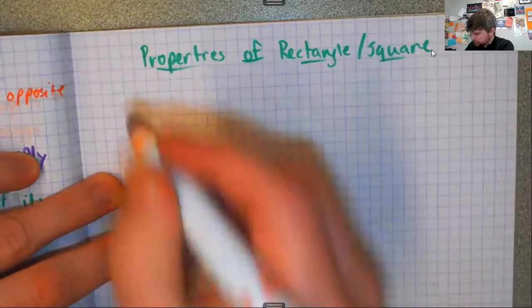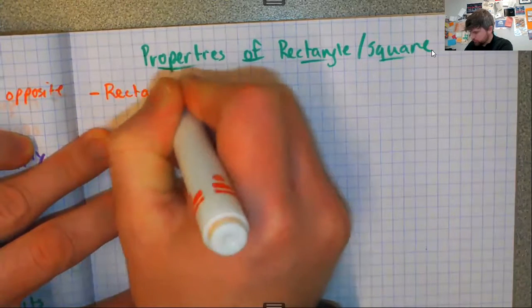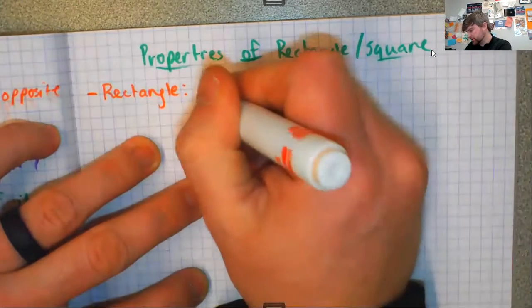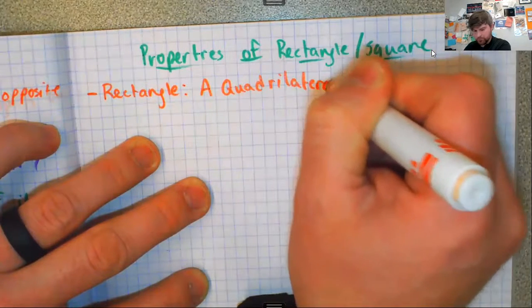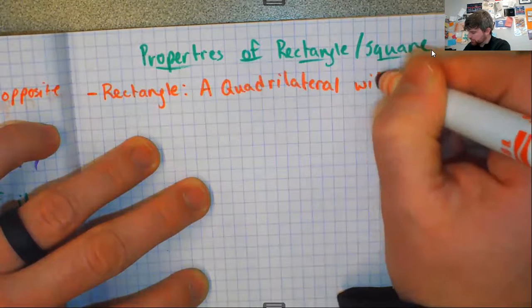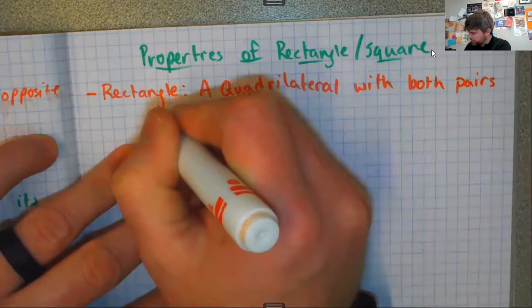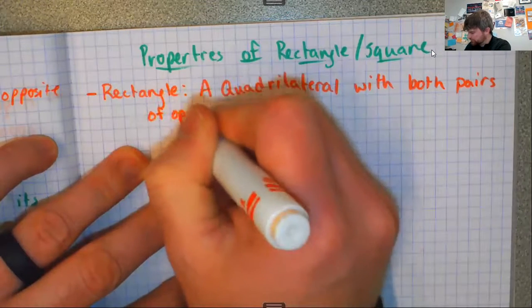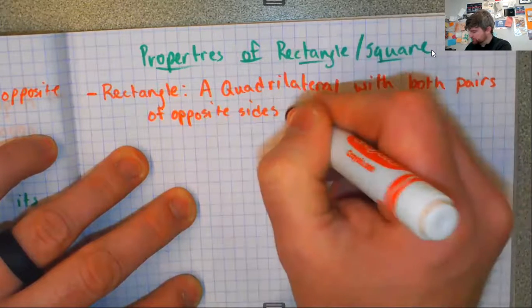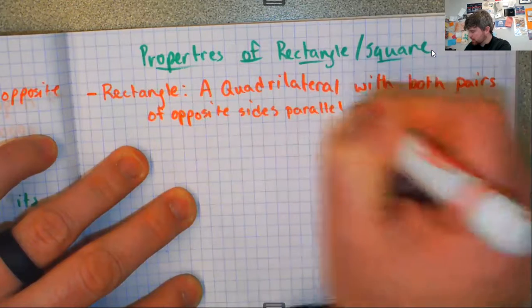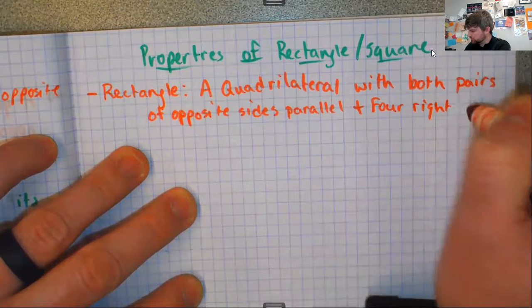So a rectangle is a quadrilateral with both pairs of opposite sides parallel and 4 right angles.